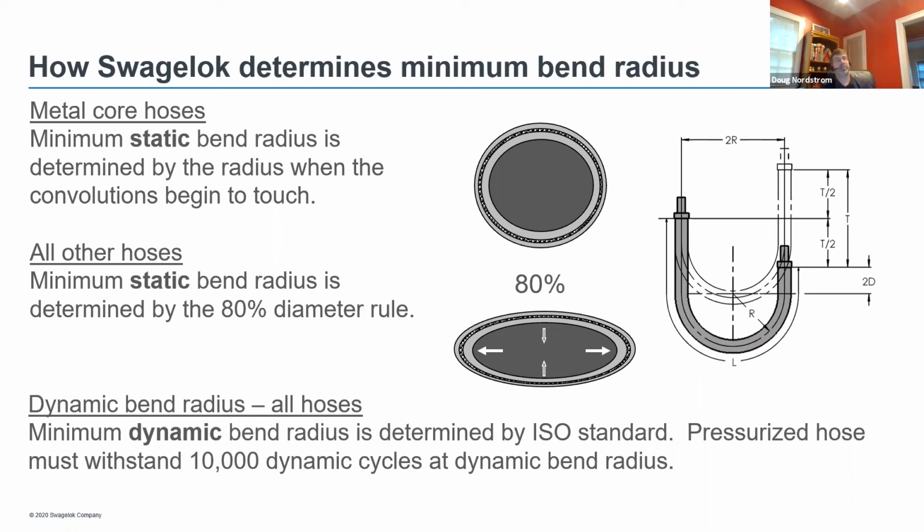On a soft core hose, like a Teflon core, what happens is this ovalness that you see in the picture, and we continue to bend the hose with a marble that's 80% of the original diameter. And if the marble rolls through the hose, it hasn't been overbent. Once that marble, that's 80% of the diameter, gets stuck because the hose has been bent too much and went too oval, then that's the minimum bend radius.